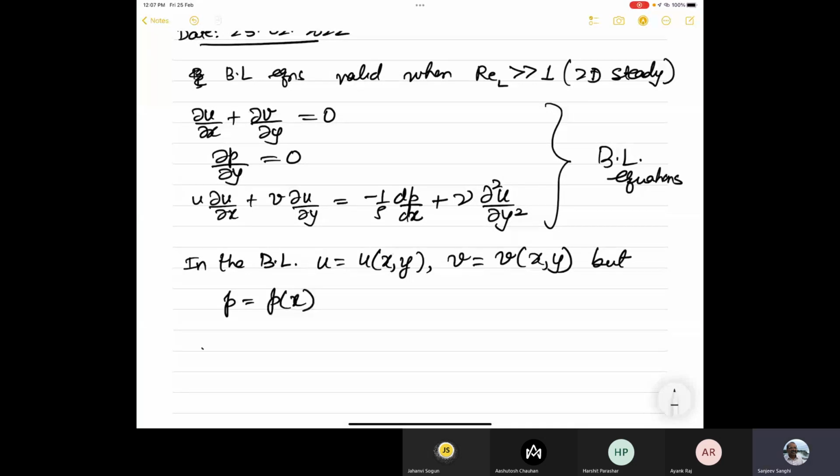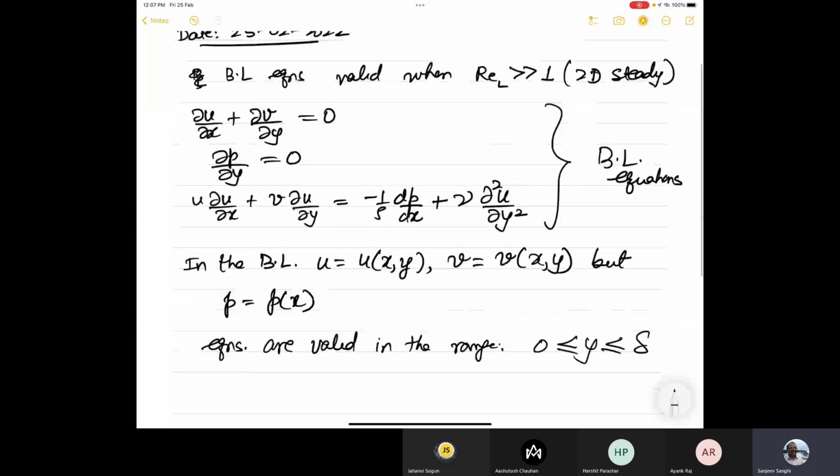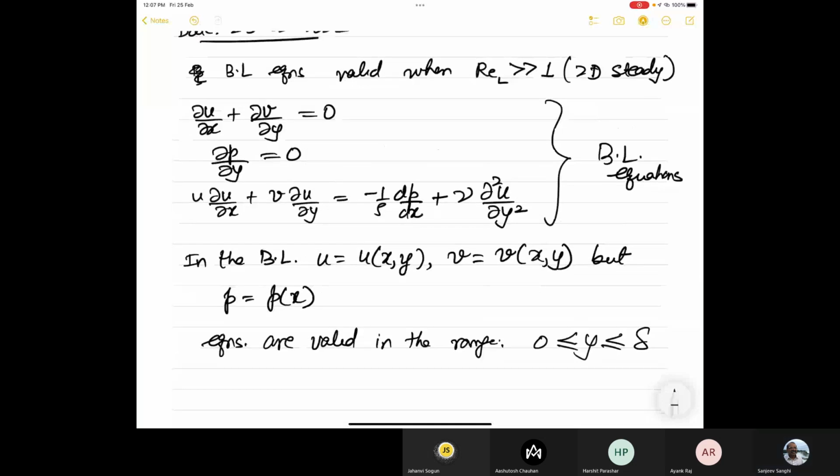And the equations are valid in the range 0 is less than y is less than delta. And so I'm just repeating this so that you understand what we are talking of when we talk of this beast called the boundary layer.